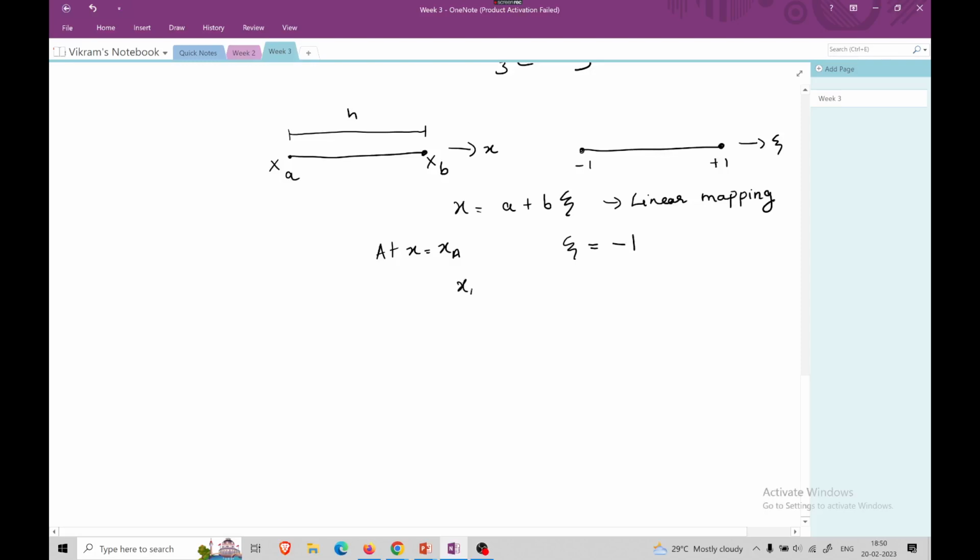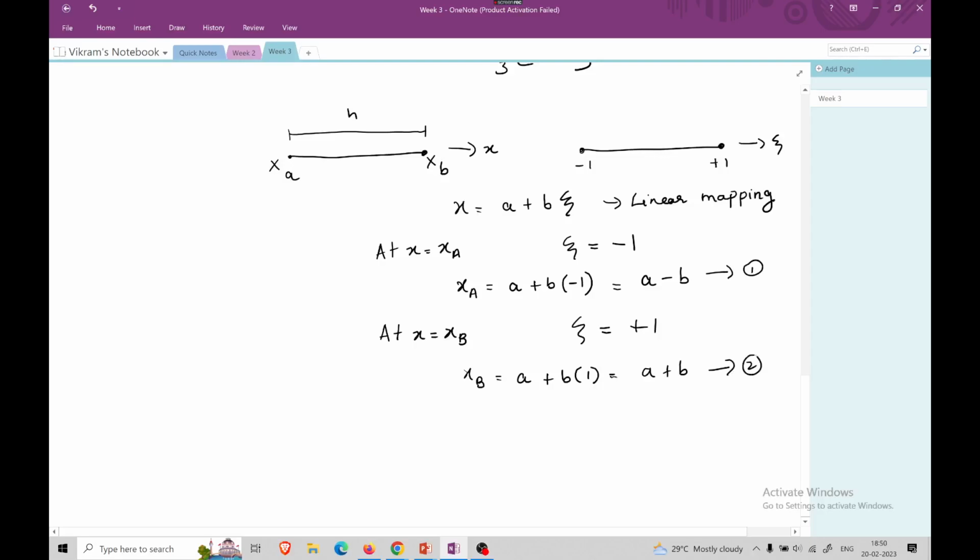So I substitute: xa is equal to a plus b times (-1), which is a minus b. This is my first equation. At x equal to xb, my eta is +1. So xb is equal to a plus b times 1, which is a plus b. This is equation 2.